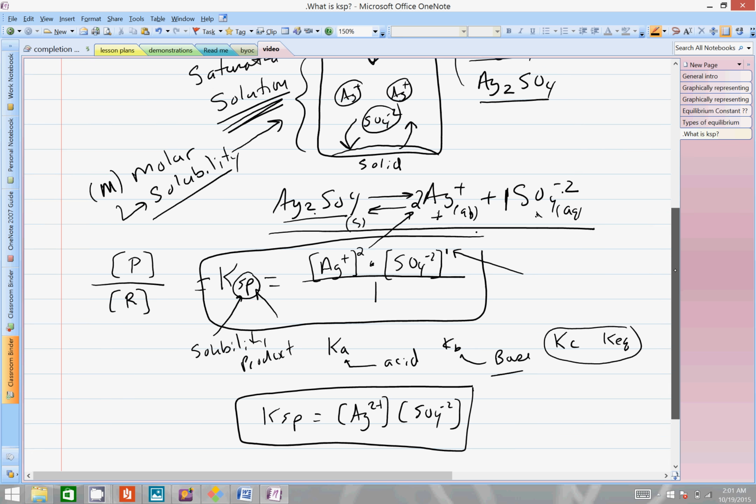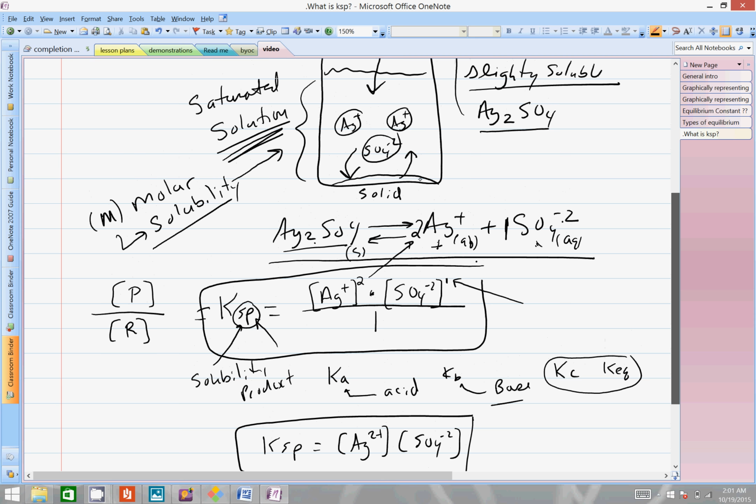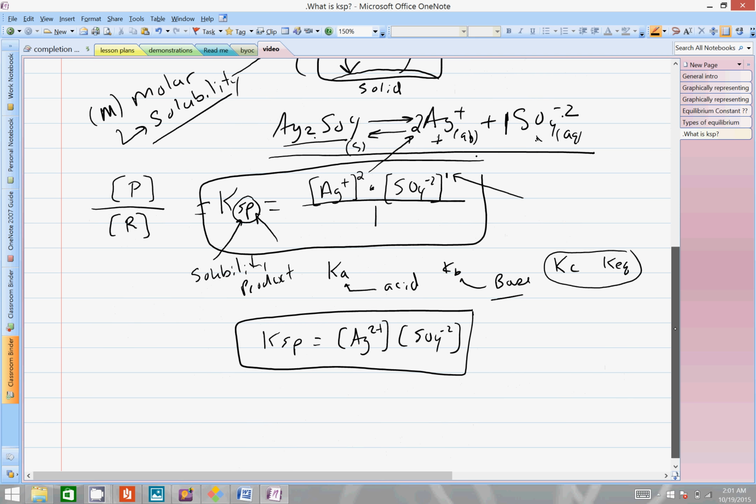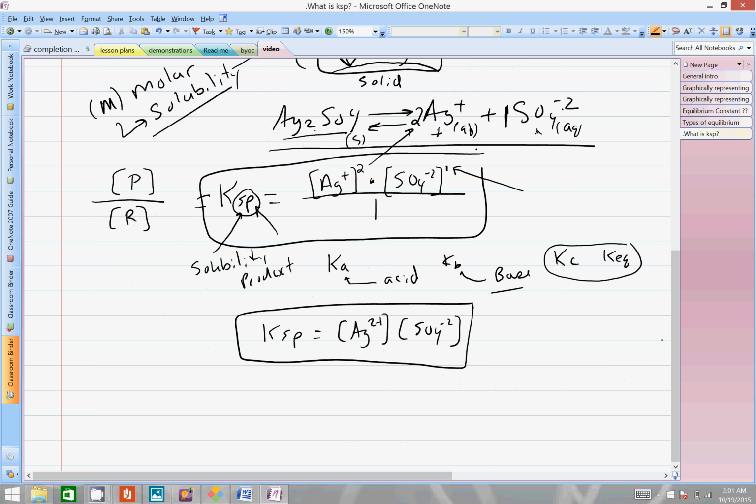One, understand the concept about what it looks like, and then two, be able to write a KSP expression for these things. Notice that for all of these KSPs, there will never be a denominator below here. It'll always just be 1. So they're simpler versions of a mass action expression or equilibrium expression, and it gets us off on the right foot doing something just kind of simple. And that's your basic introduction to KSP.